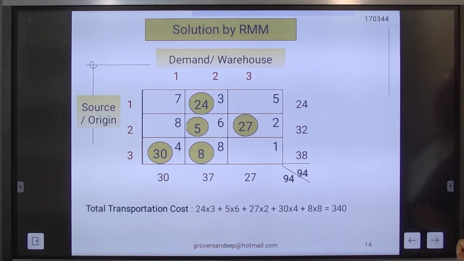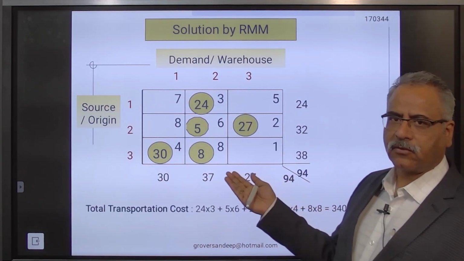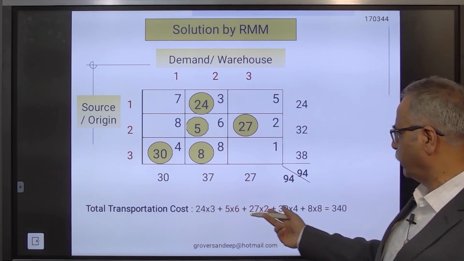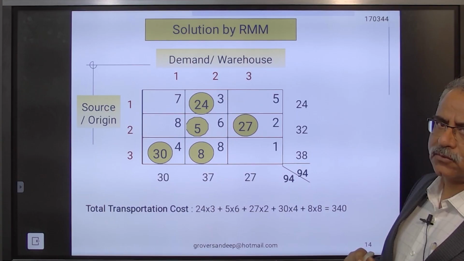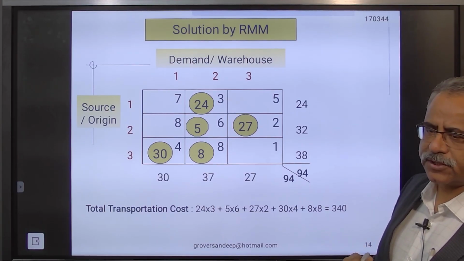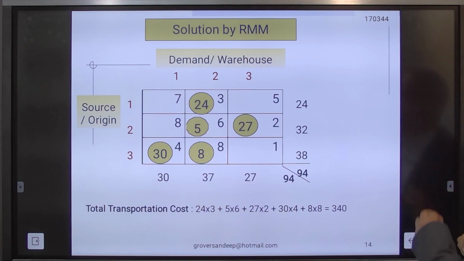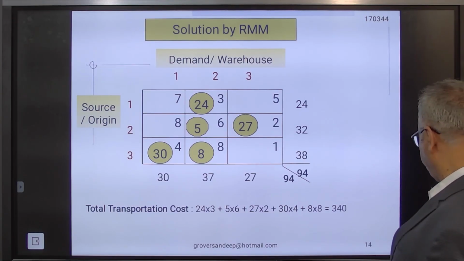So, this is what we found by solving this problem. So, this is a solution, and the total cost of transportation is 340, okay. So, now you have 2 costs of transportation. So, let us compare them at the end, to see which is the best one, fine. So, this is by the row minimum method.